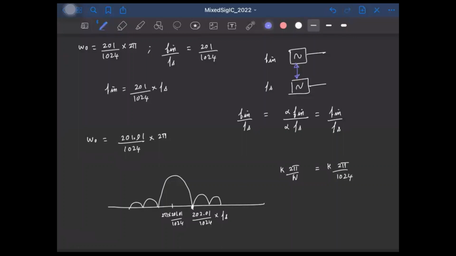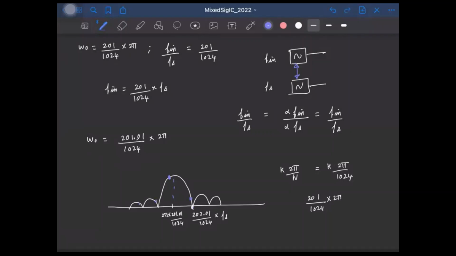So what will happen? Well, we will try to sample it at 201 times 2 pi by 1024, right? And this frequency is 201.01. So 201 will be somewhere here. So we will take one sample here, right? And the next sample will be taken at 202, right? This null is at 202.01, so 202 will be somewhere here.